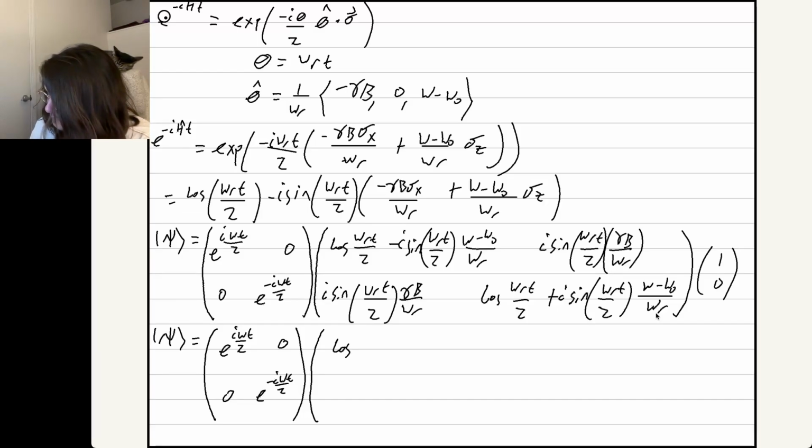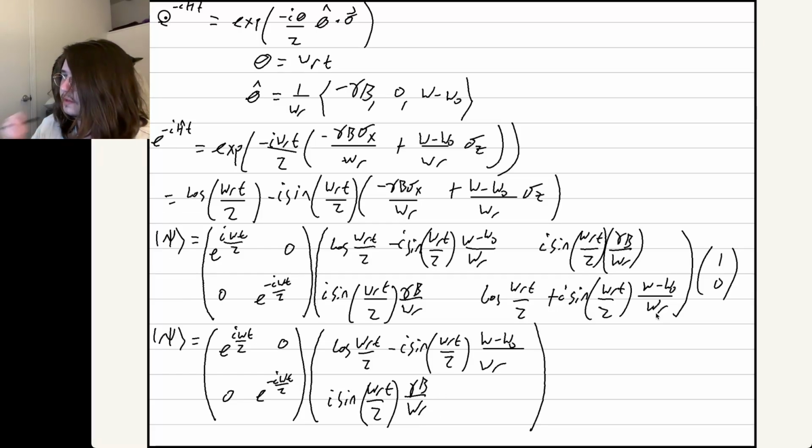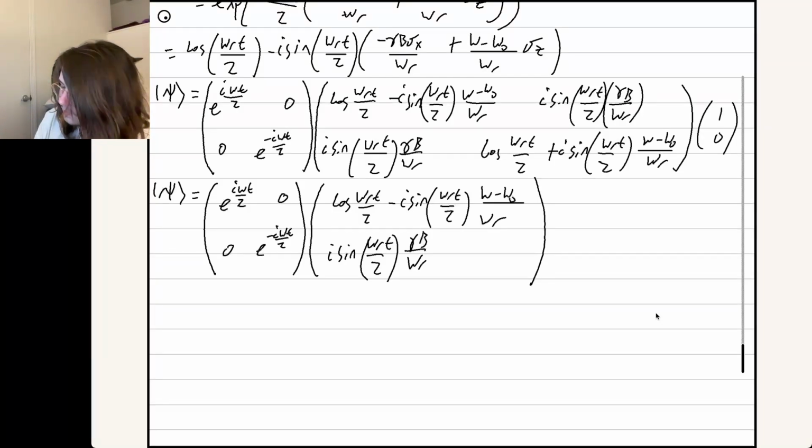And it's multiplying by 1, 0, so we'll just get the first diagonal term up top and the first off-diagonal term on the bottom. And then now we can multiply these together. It's actually not two matrices, it's a matrix times a column vector, but whatever.